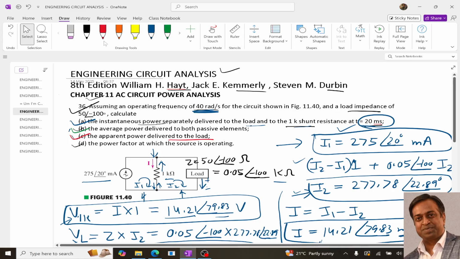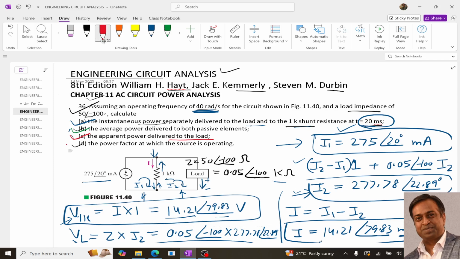Now coming to the next part of the question. It is saying we need to determine the power factor at which the source is operating. Now, at which the source is operating means that we know this is the voltage, I1 is the current, sorry, this is the current.